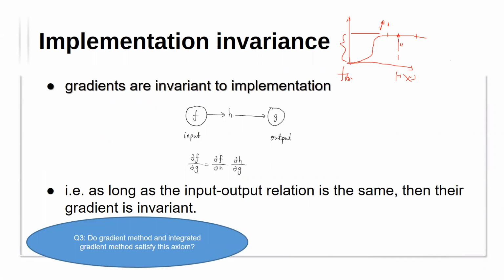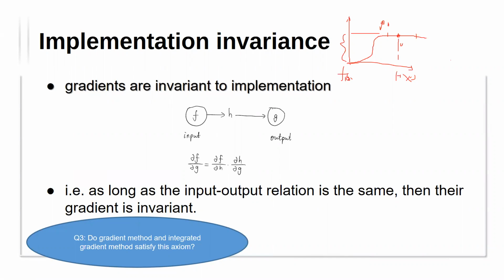And first here we need to clear one thing: the gradients are invariant to implementation. In fact, the chain rule supports this idea. We might have a lot of hidden layers.